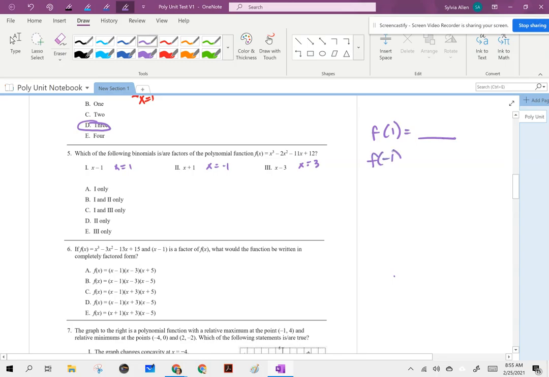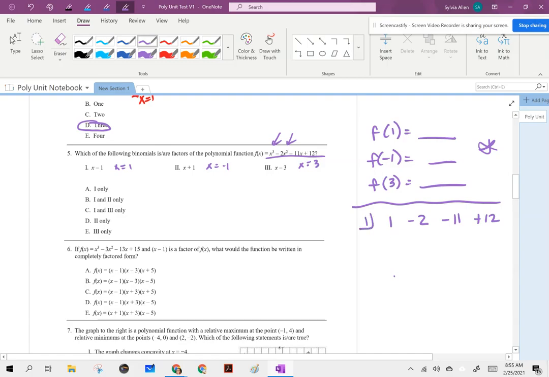Sometimes if you evaluate, you're taking the chance that you might mess up on the order of operations, but it's absolutely up to you. So you could do it this method, or you can synthetically divide. So let's do x minus 2, not x, but 1 minus 2 minus 11 plus 12, making sure that that's in standard form, which it is.